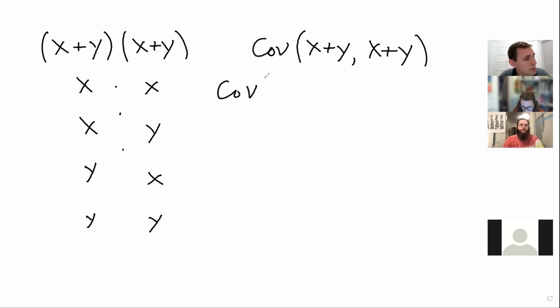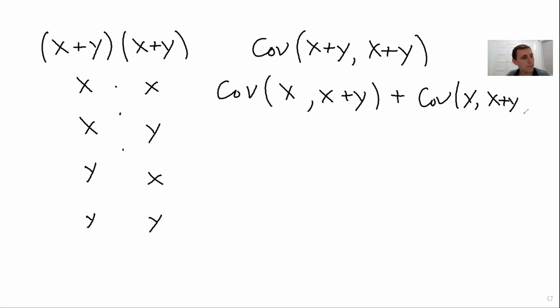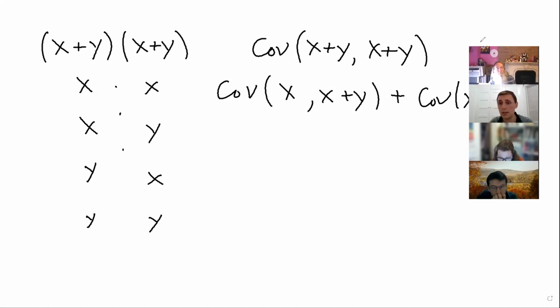I can write covariance of x with x plus y, plus covariance of y with x plus y. And then each of them I can expand further, because again, we can shift the second coordinate and the first coordinate, it's the same.